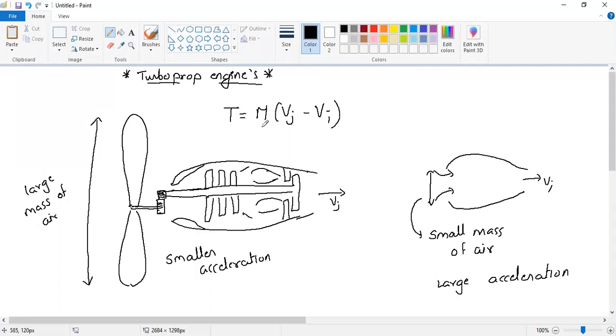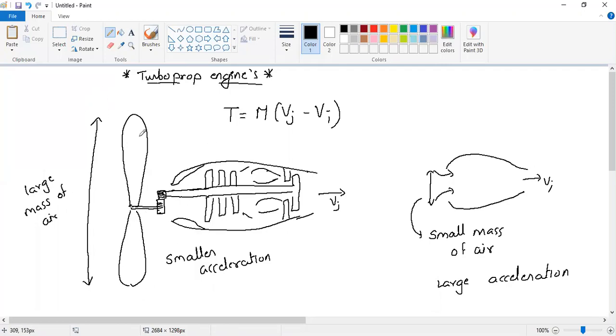In this case, I am taking a smaller m, but I am increasing the Vj. That is how the turboprop engine works. They will take the air, push it forward. The thrust provided by the jet velocity is negligible compared to the propeller. Main thrust is provided by the propellers, same as your piston engine aircraft.